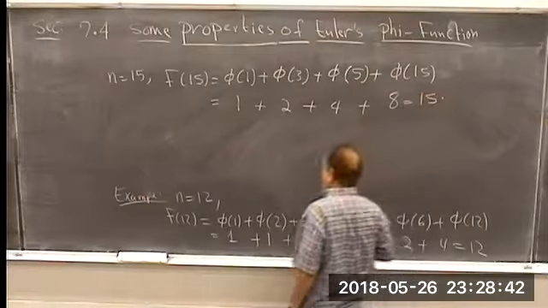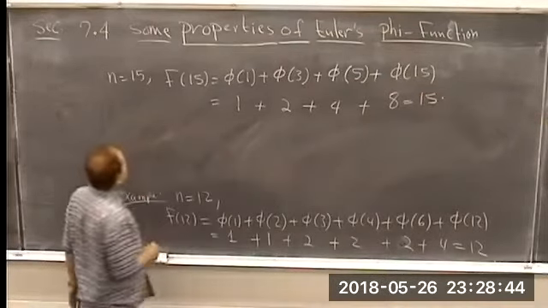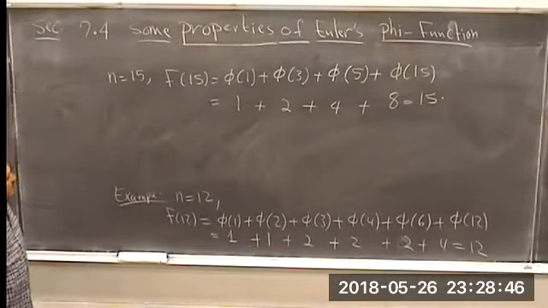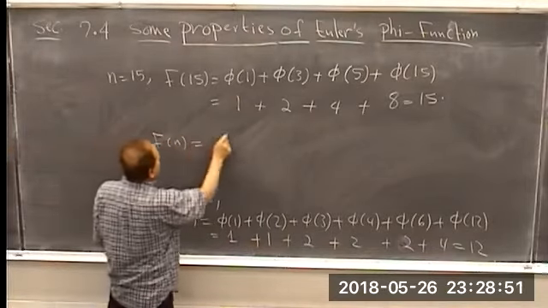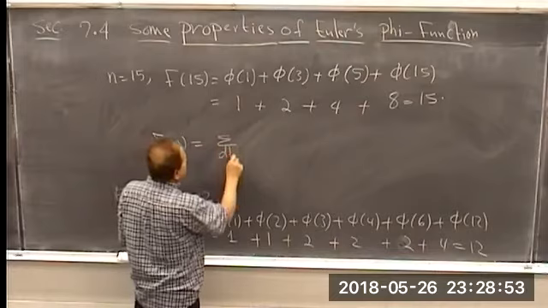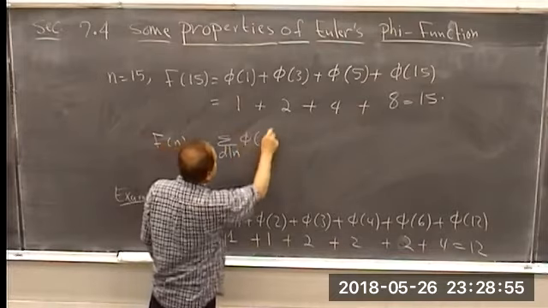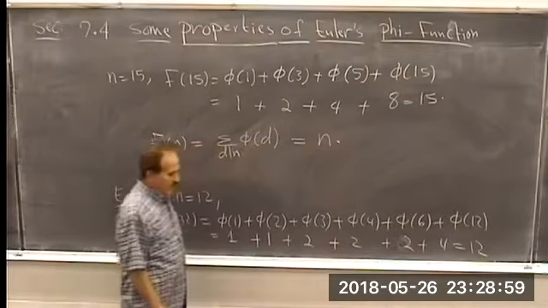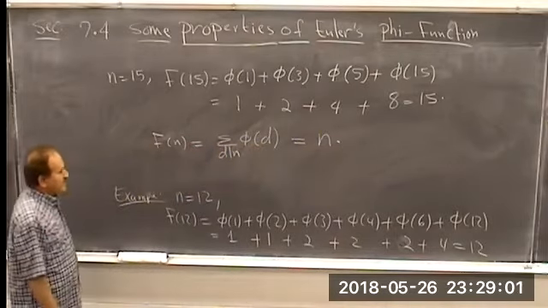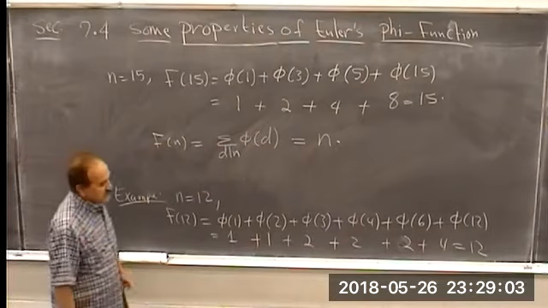So it looks like we might take an educated guess that F(n), the sum over d dividing n of phi(d), is in fact equal to n. All right? And in fact, this is the case, and we're going to prove this.